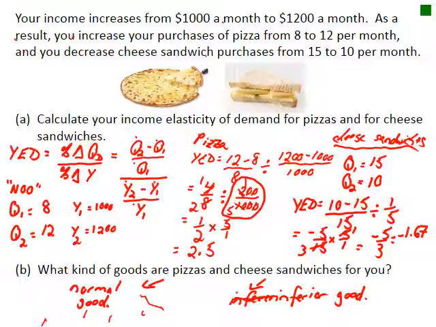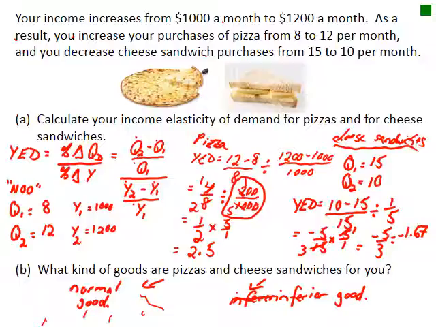All right, so let's look at the formula, the YED. So we know that Q2 is 10, Q1 is 15, divide by Q1, which is 15.